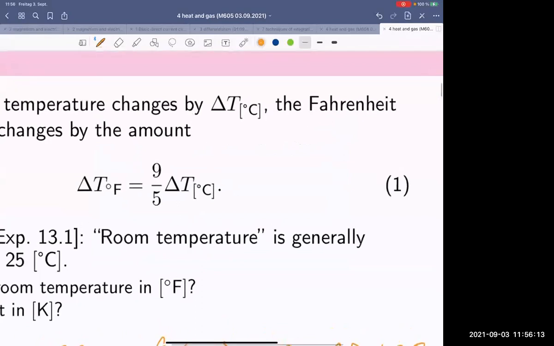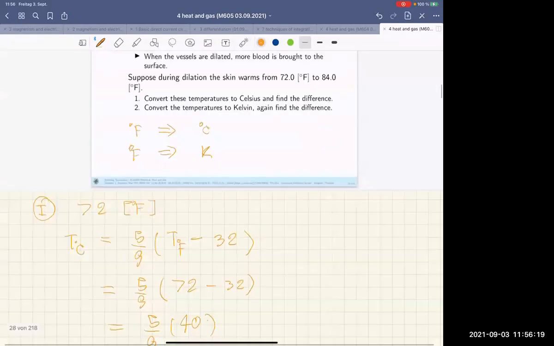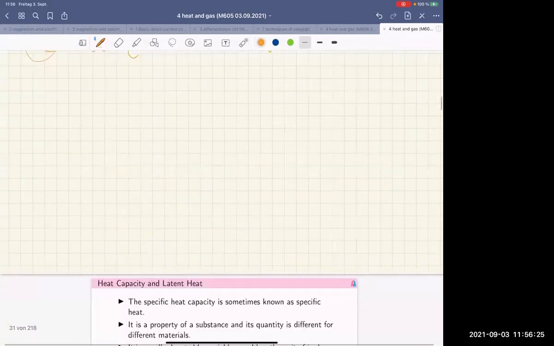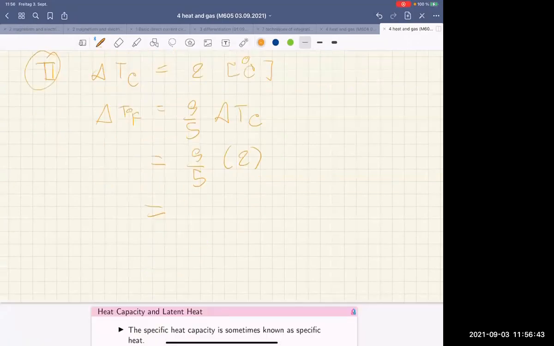So we use that expression. Delta TF is 9/5 delta TC. So you have the difference as number 2, and you just multiply it. It's 18/5, and it's going to be 3.6 degrees of Fahrenheit.